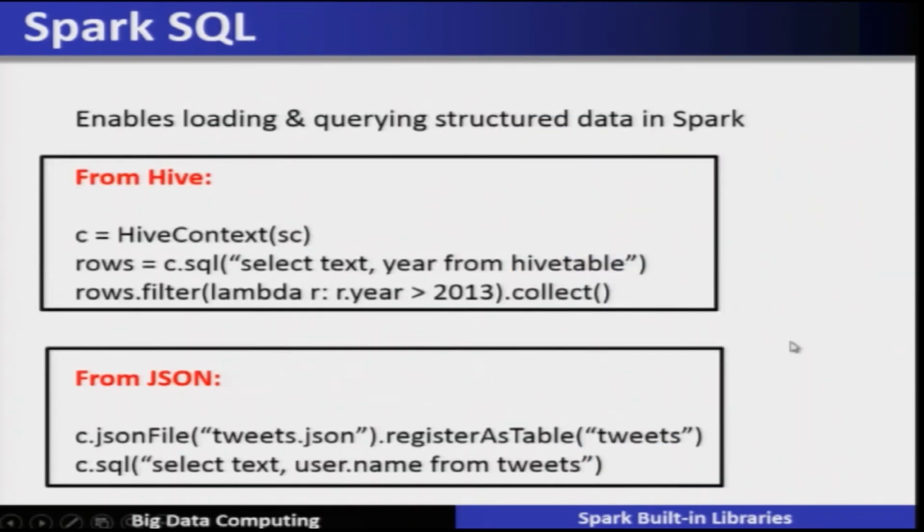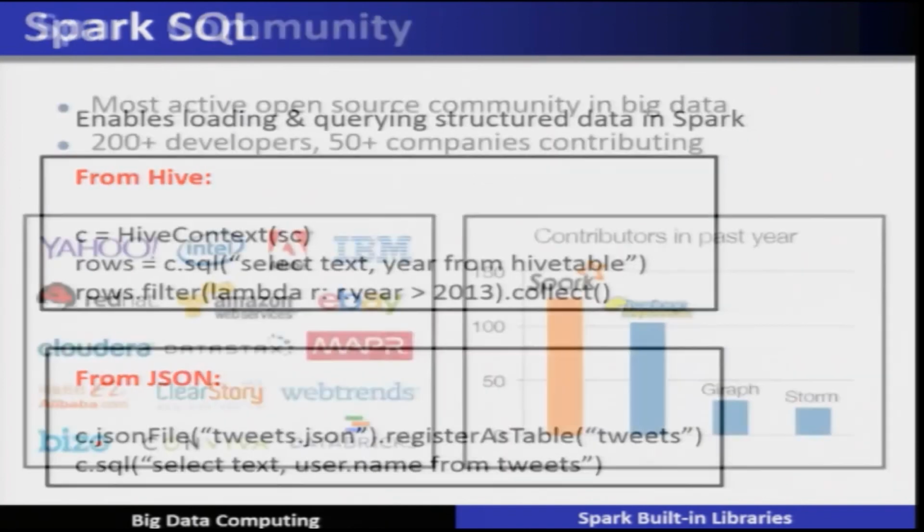The next library which is available with the Spark core is called Spark SQL. Now, it will enable loading and querying structured data in Spark. It also has links or APIs with Hive and with JSON.